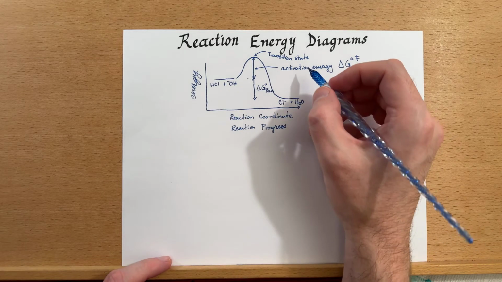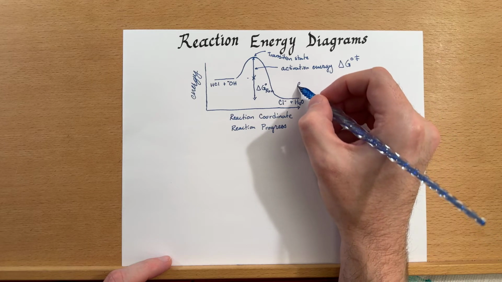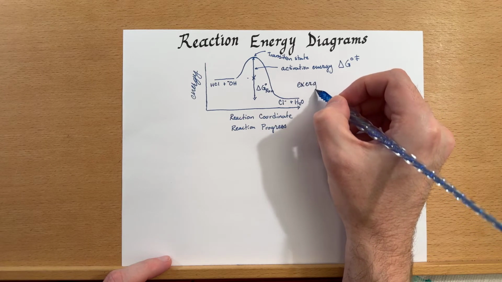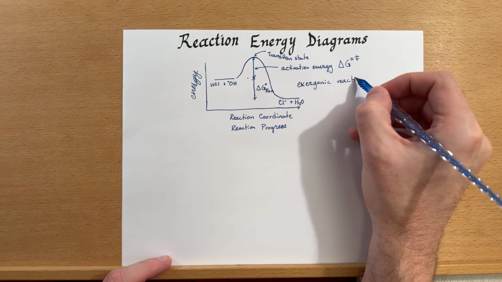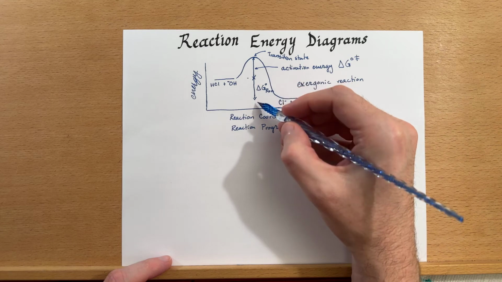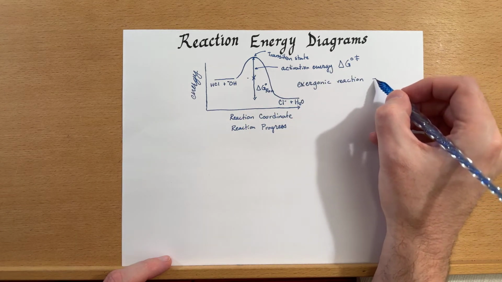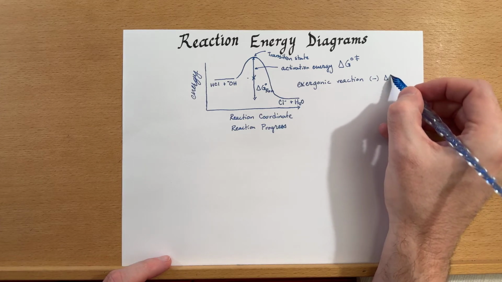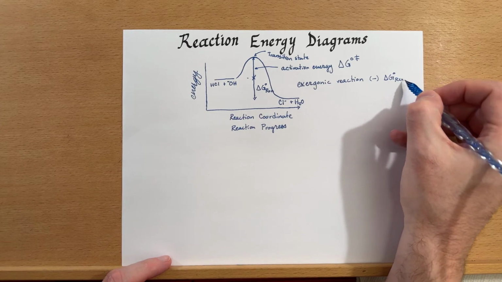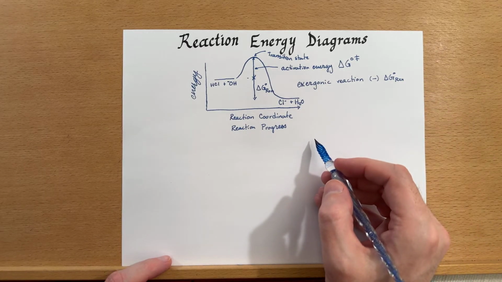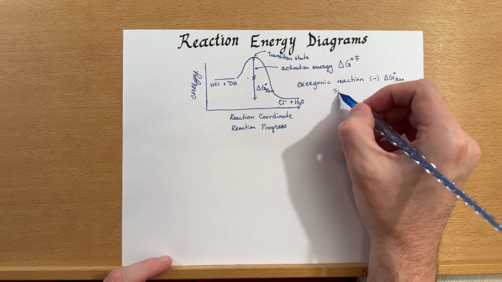This is an example of an exergonic reaction, because delta G was negative. This is also known as a spontaneous reaction.